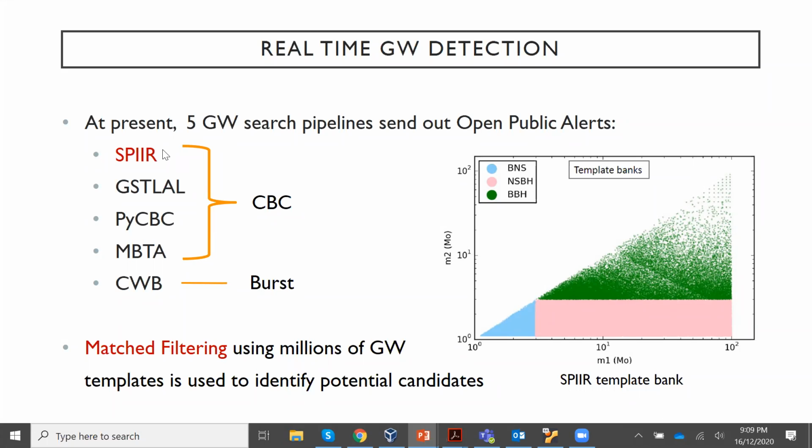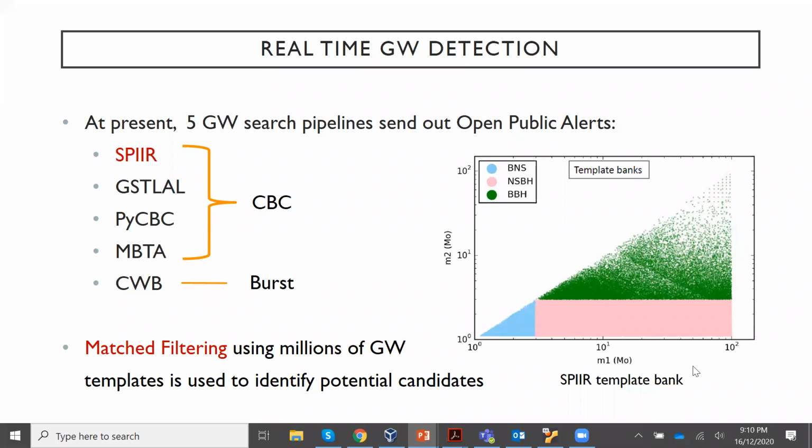Now, the method that these 4 CBC search pipelines use to detect gravitational waves from detector data is matched filtering. In this method, we have simulated millions of gravitational wave templates, and these templates are cross-correlated with the data to identify potential gravitational wave candidates.